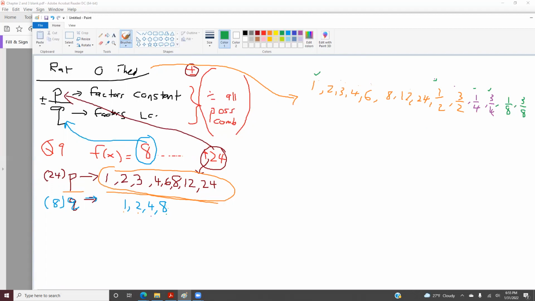What is 12 over 8? Anyone? Might need to put that down. What is 12 over 8?